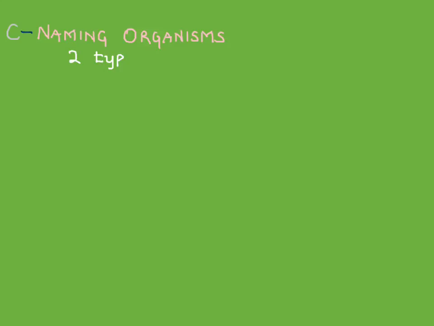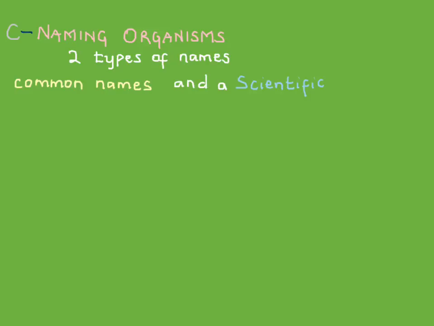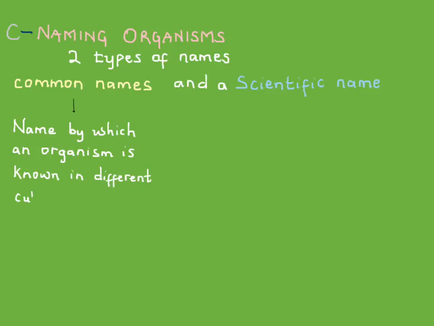Organisms have two types of names: common names and a scientific name. Common names are the names by which an organism is known in different cultures and languages. Each organism has only one specific or biological name which is used and recognized anywhere in the world.